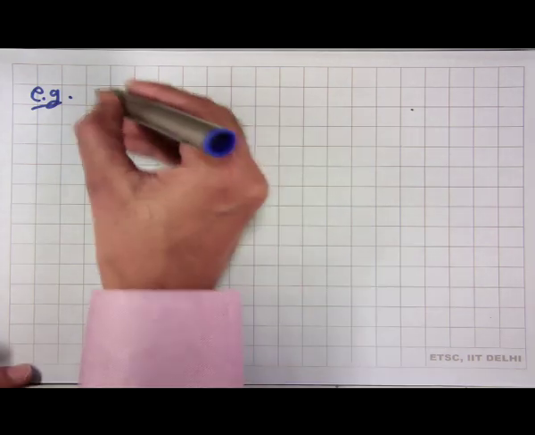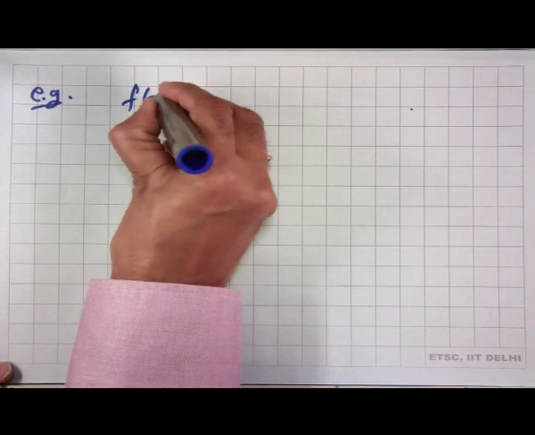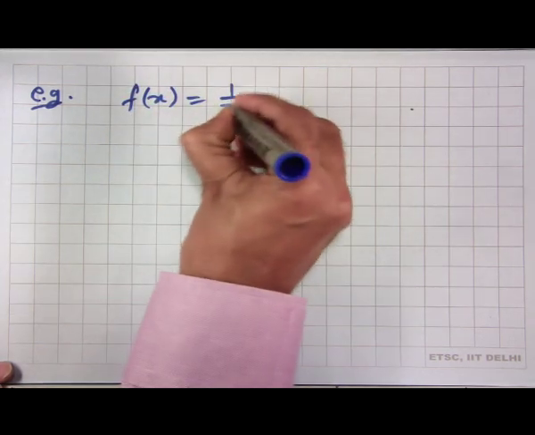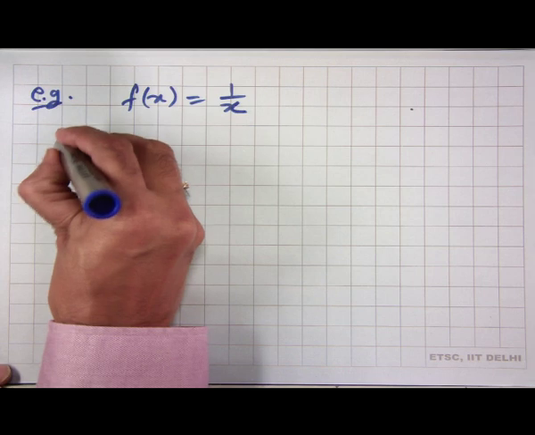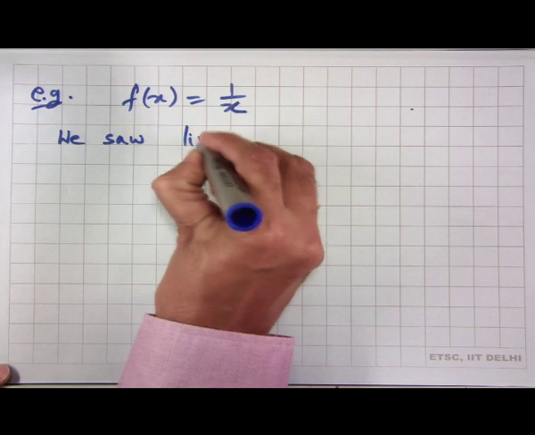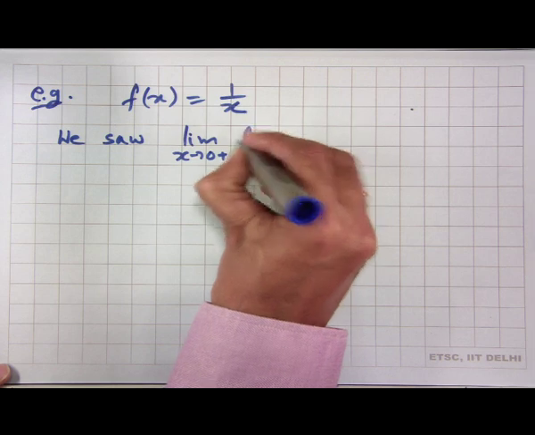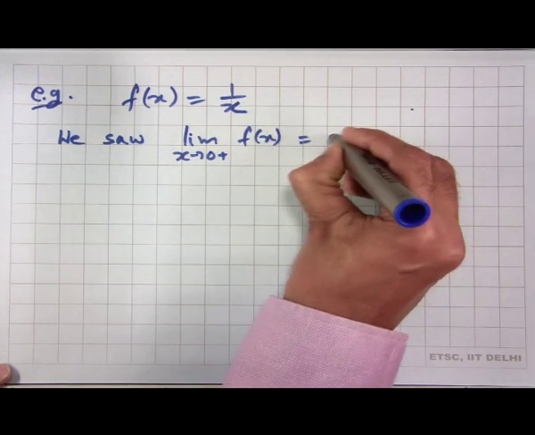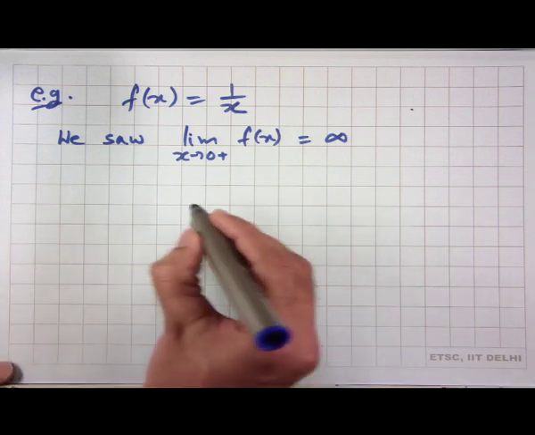So, let us again look at the example f of x equal to 1 by x. We have seen that the right hand limit of this f of x at 0 is equal to infinity. What about the left hand limit?